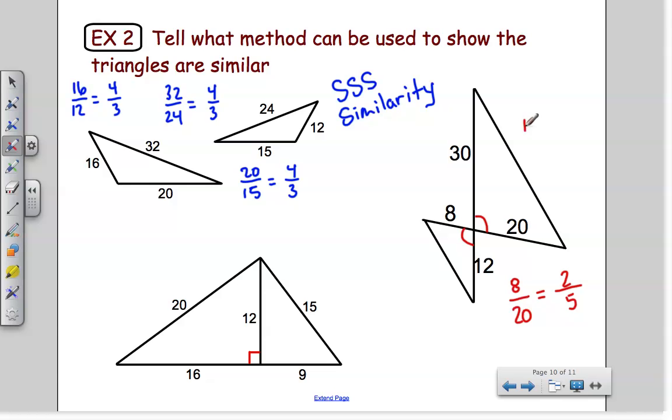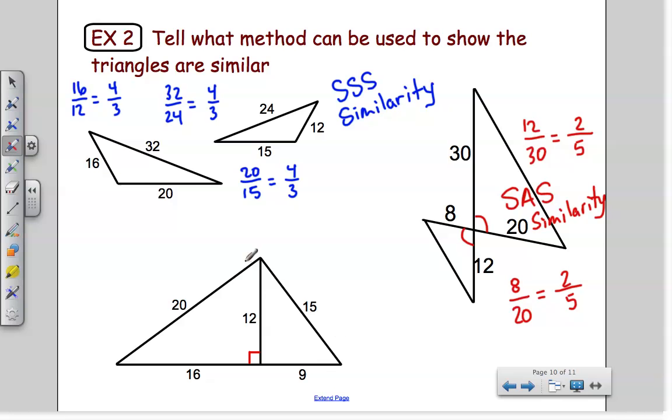And I would compare 12 to 30, the longer of each side in these triangles, divide both of these by 6 and get 2 to 5. And yeah, once again, these are equal. Now these triangles would be similar by side angle side similarity. We had an angle congruent that was in between two sides that were proportional. So side angle side similarity works here.